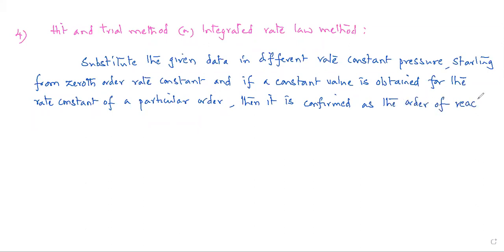Just substitute the given data, and if you get a constant value for a particular rate constant, say K0 or K1 or K2 or K3, whatever gives you the constant value is, of course, the order of that reaction. You can confirm that.